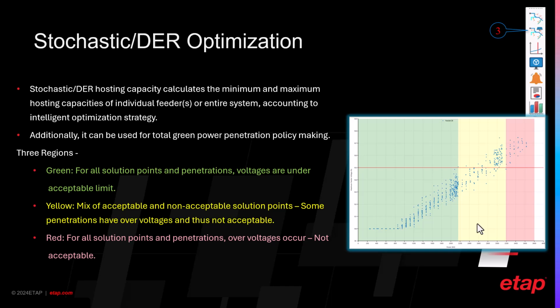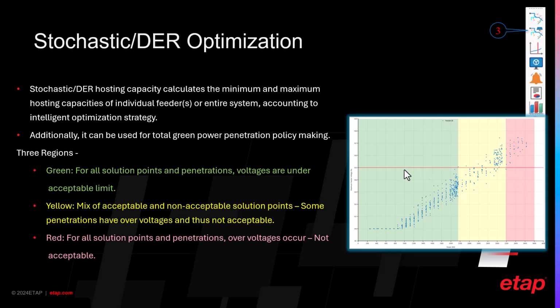Those are the parameters of this curve. And when you see it, you have a red line at 105, which is the critical overvoltage limit of 105%. This line will help demarcate the different regions of this graph.